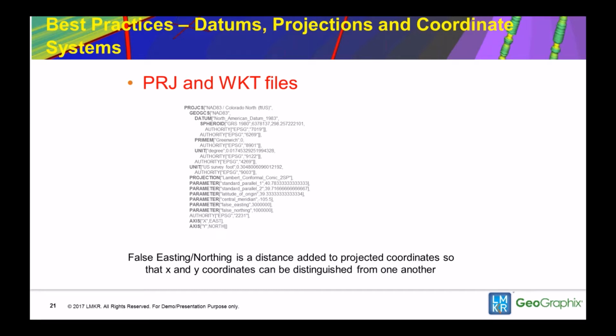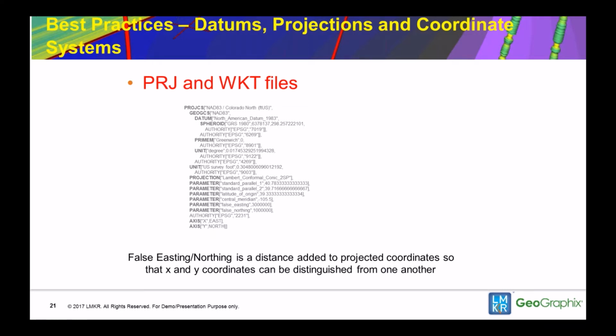And the number that you see after that is just the conversion to metric, to a meter. And then you'll have the projection that's being used. In this case, because Colorado is longer east to west, it'll be the Lambert conformal conic projection, as well as a central meridian, a latitude of origin.